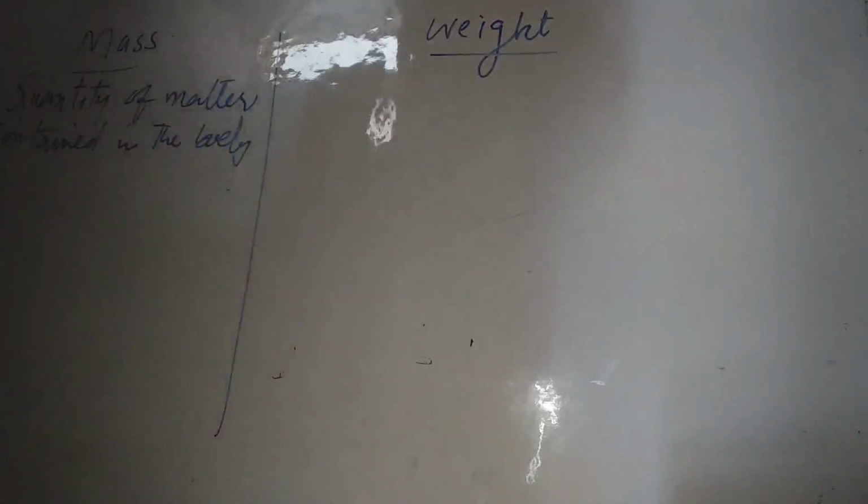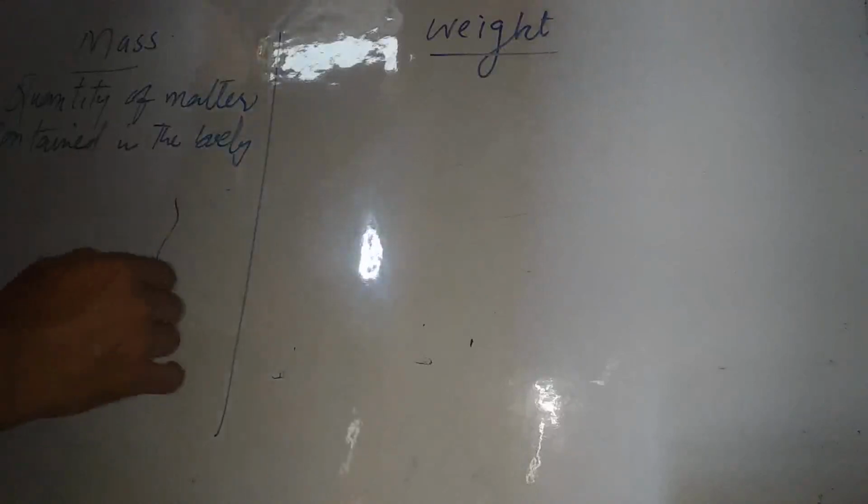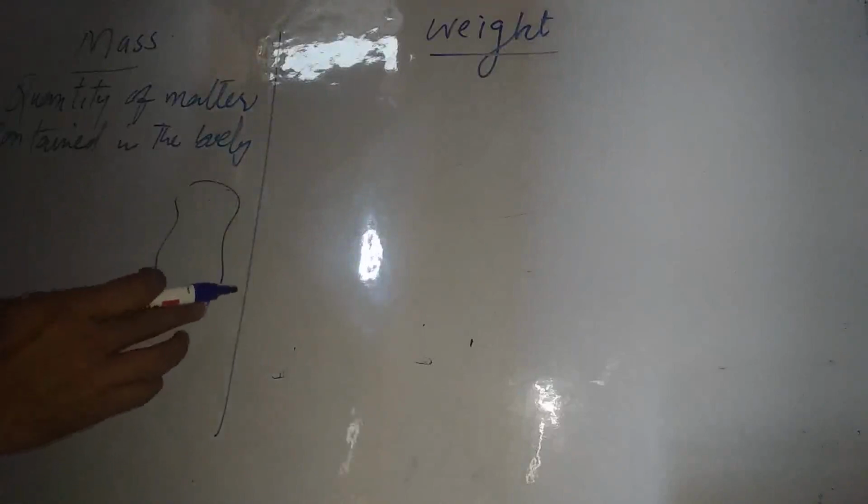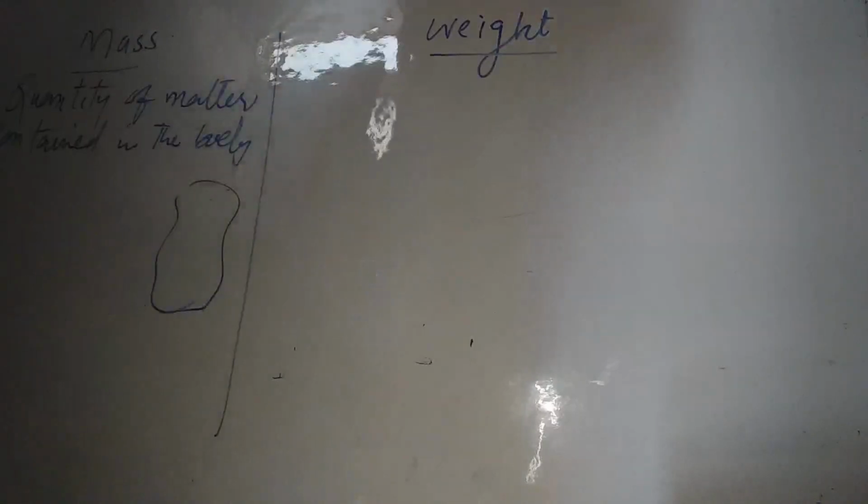What does that mean? क्या मतलब है इसका? यानी कि एक बॉडी में कितना मैटर है, कितने एटम्स हैं, कितने मॉलिक्यूल्स हैं. फॉर एग्जांपल, दिस इज द बॉडी. इस बॉडी में कितना मैटर है, कितने एटम्स हैं और कितने मॉलिक्यूल्स हैं. दिस इज द मास. ये मास है कि एक्चुअल मैटर कितना है इस बॉडी में.